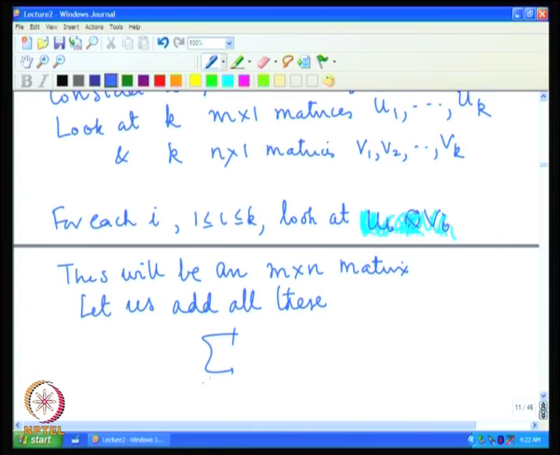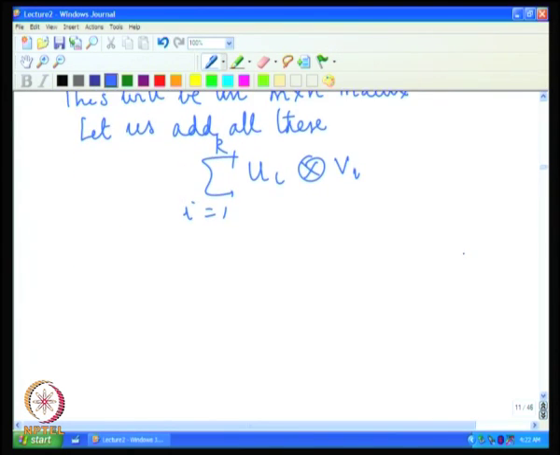We get summation i equal to 1 to k of ui tensor product with vi. Since each term is an m by n matrix, this is an m by n matrix.